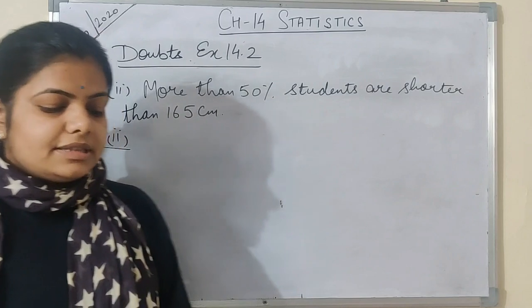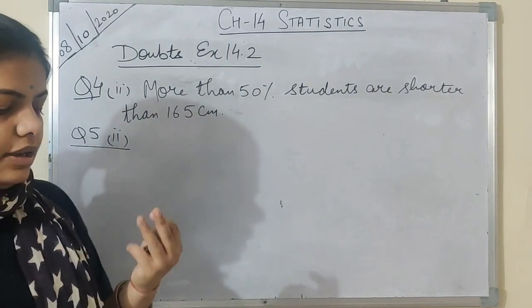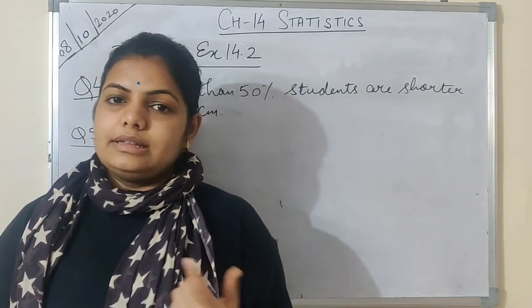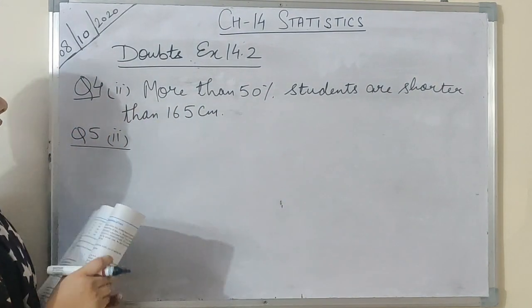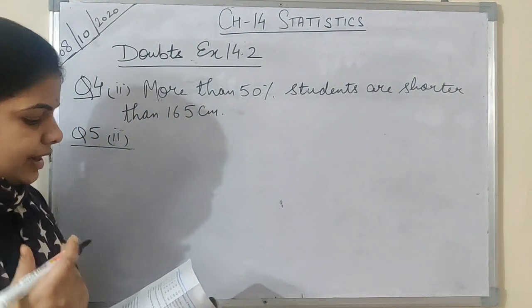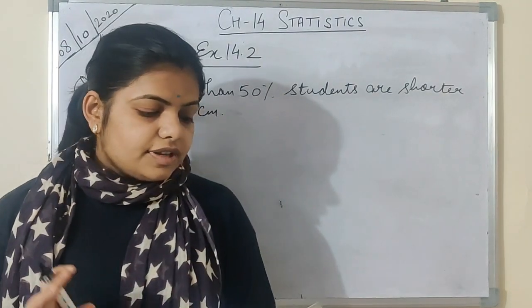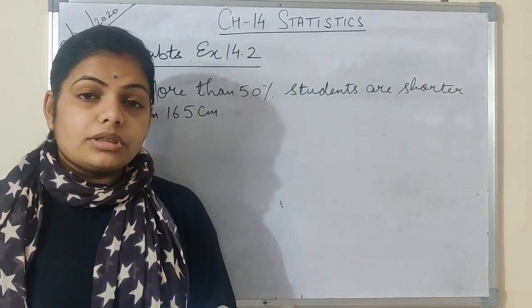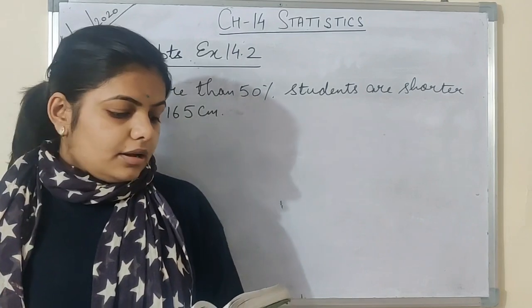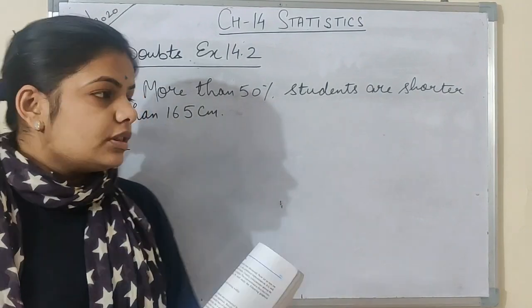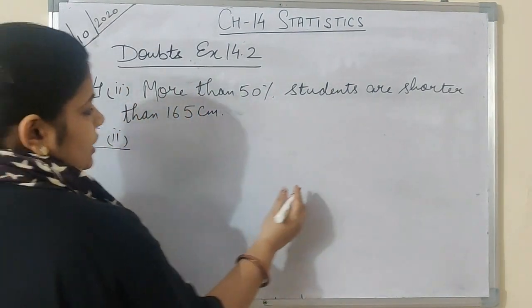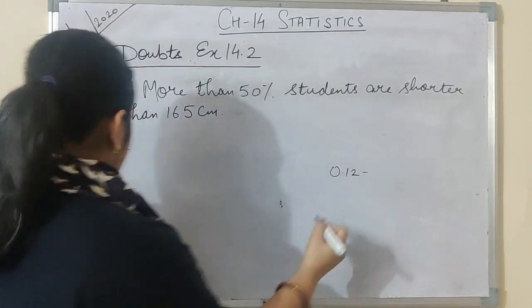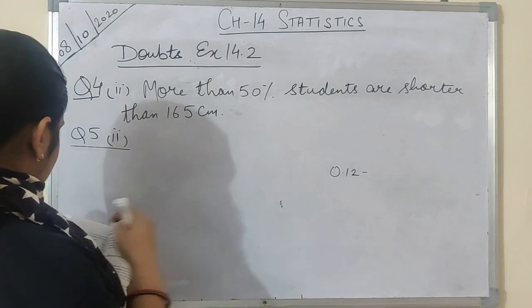So here, if you can count from the given data, then it's okay. But if you see from the table, you have to find the concentration of sulfur dioxide more than 0.11 ppm. Okay, so more than 0.11 ppm will lie in the intervals here.